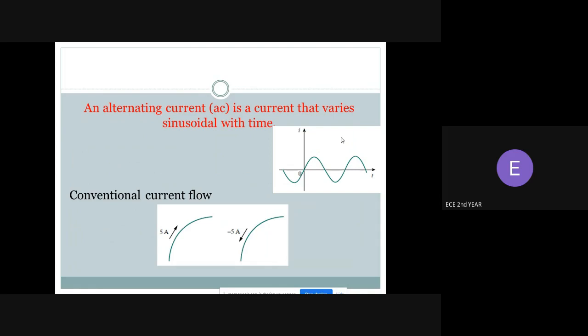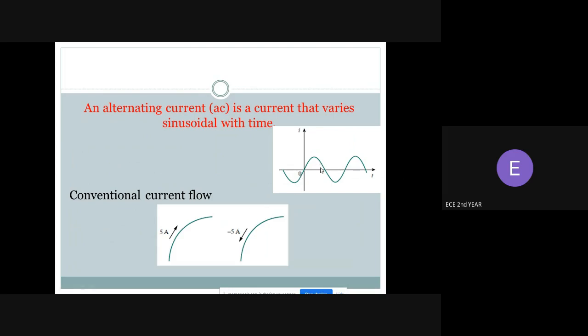An alternating current, a time-varying current, is represented by the symbol i. A common form of time-varying current is a sinusoidal current, or alternating current. An alternating current varies sinusoidally with respect to time.